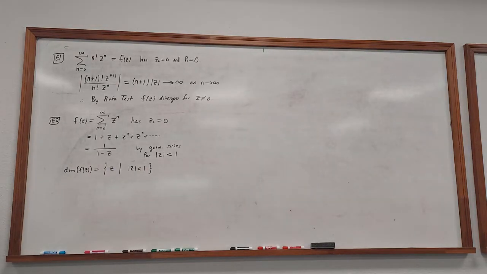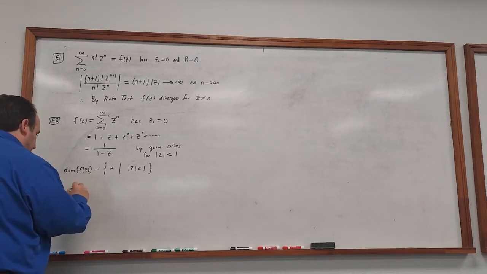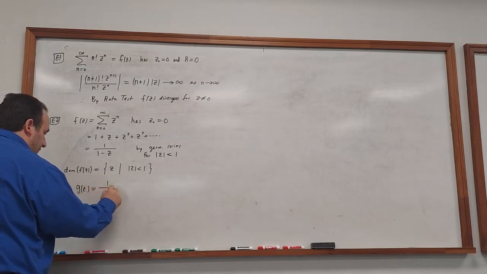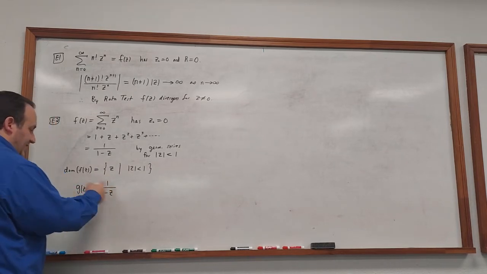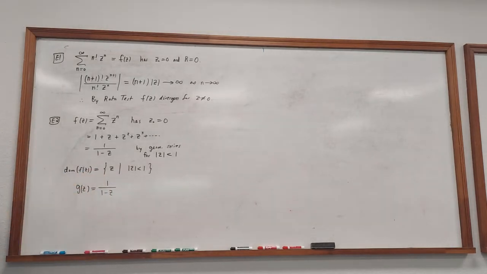There's another way to look at this problem, which is, if we look at g of z equals 1 over 1 minus z, is that complex differentiable? Yes, it is, except at z equals 1.